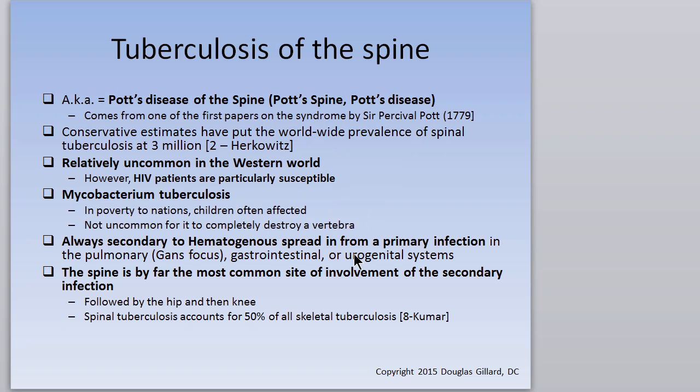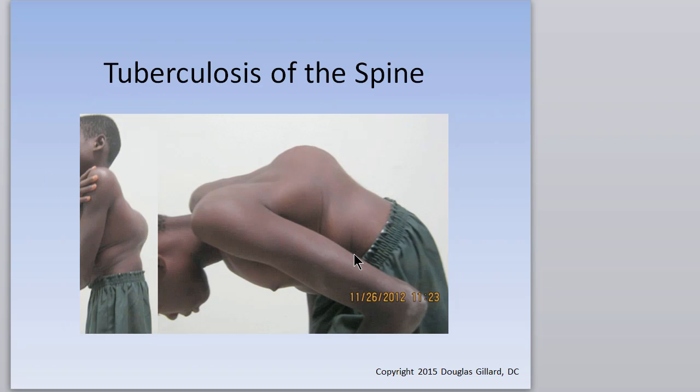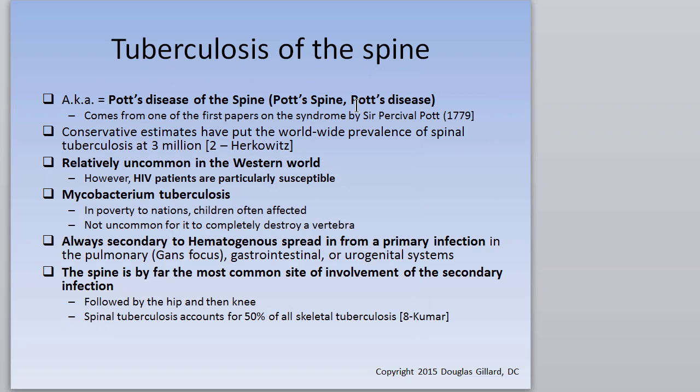So we should definitely know a little bit here about tuberculosis of the spine, Pott's disease, Pott's spine, Pott's disease of the spine, know those AKAs. Relatively uncommon in the Western world unless the patient has HIV, so it could be an early sign of HIV.